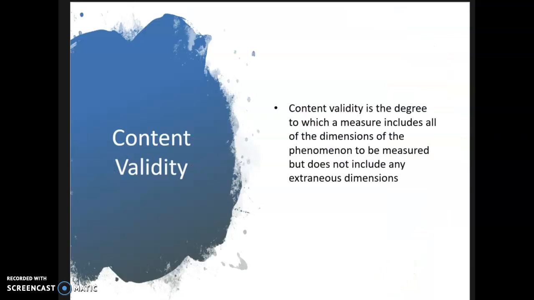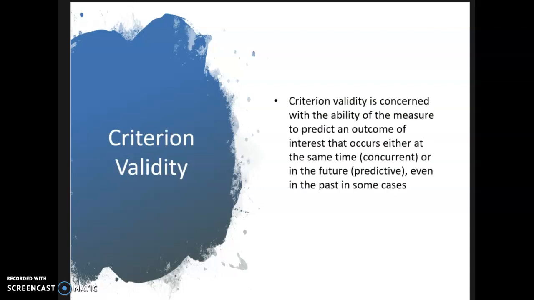So when we're looking at content validity, we're looking to the degree to which a measure includes all the dimensions of the phenomena, and it doesn't include other things. So really focus on the content. When we're looking at criterion, we're looking at the ability of the measure to predict an outcome.